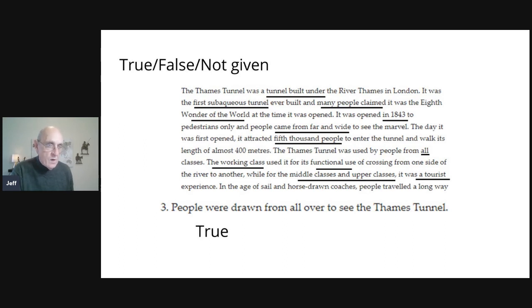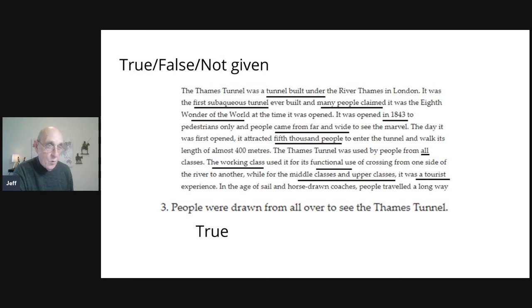We have 4 questions, and before we look at number 4, I want to tell you something about this question type. When you're answering true, false, not given, and the same is true for yes, no, not given, when you have a section about this, you will always have at least one of each answer.